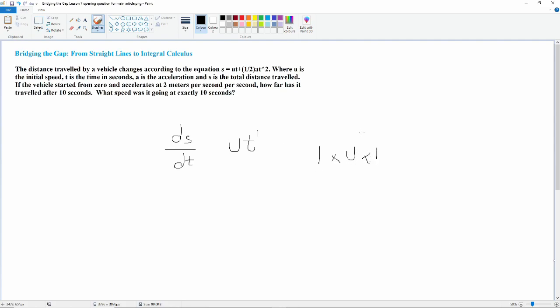And that all simplifies to u. So d of ut to the power 1 with respect to t is equal to u.